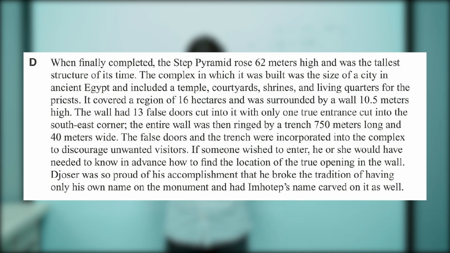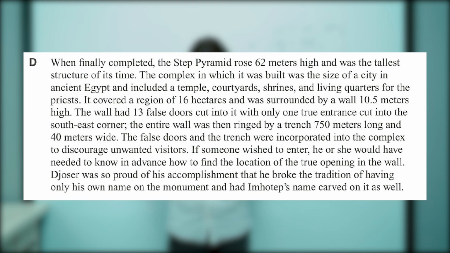It covered a region of 16 hectares and was surrounded by a wall 10.5 meters high. The wall had 13 false doors cut into it, with only one true entrance, cut into the southeast corner. The entire wall was then ringed by a trench 750 meters long and 40 meters wide.